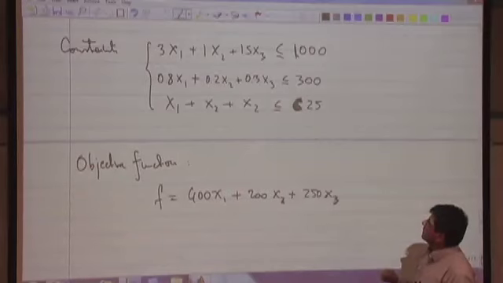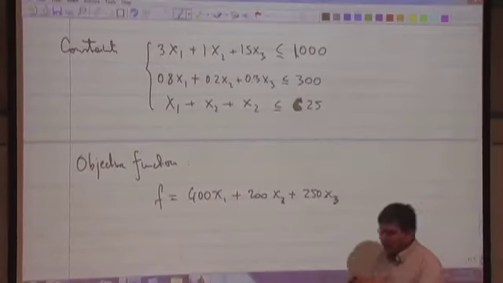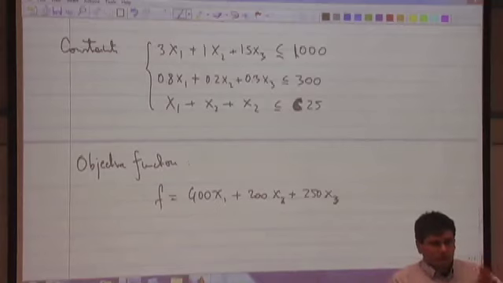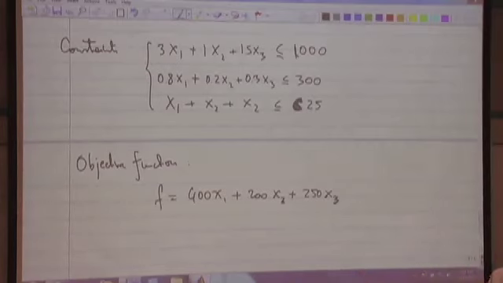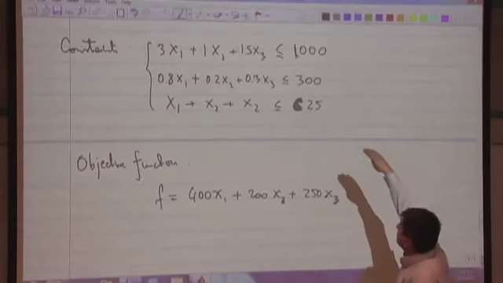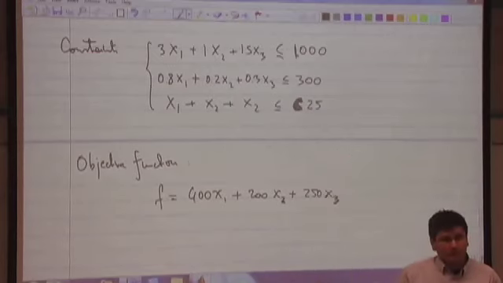I'll tell you in a second. But if you think about it, you have three variables in R3. You have the first octant, and then each constraint corresponds to a half space, right?